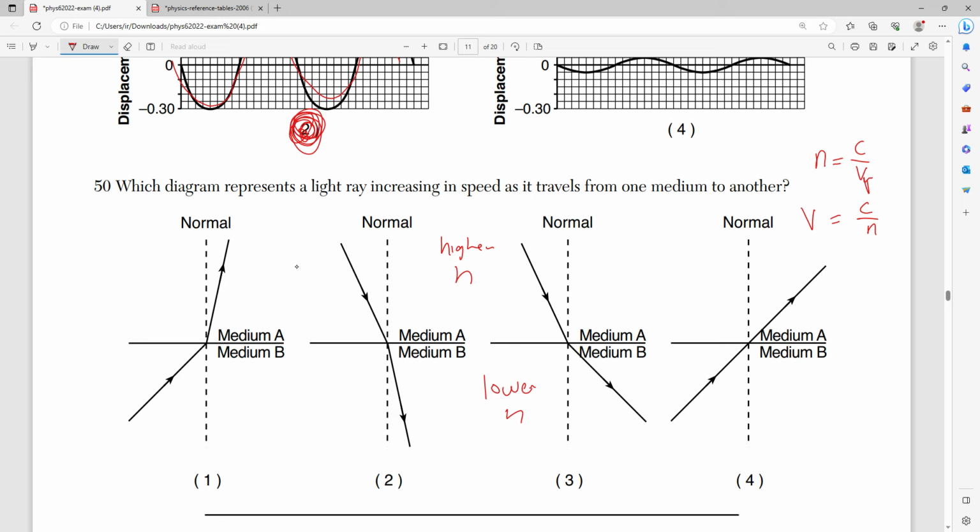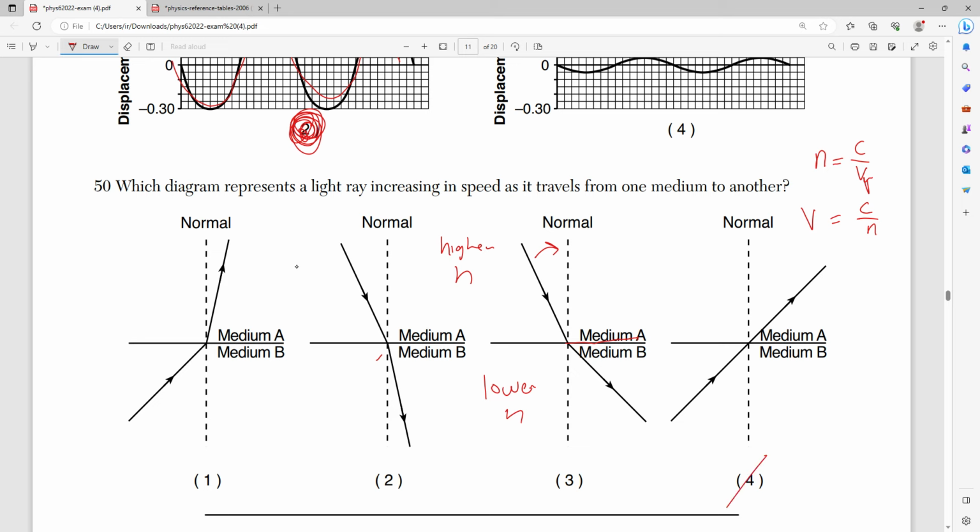Whenever you have a higher n, it's going to hug the normal. High n means it's closer to the normal, and a lower n means it's closer to just the solid non-dashed line, or the surface.